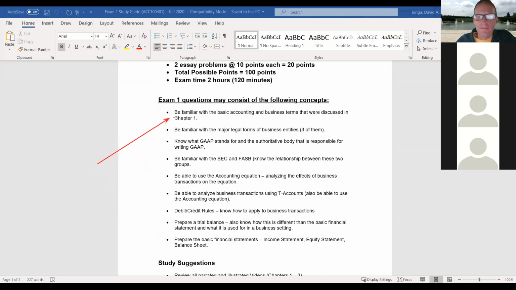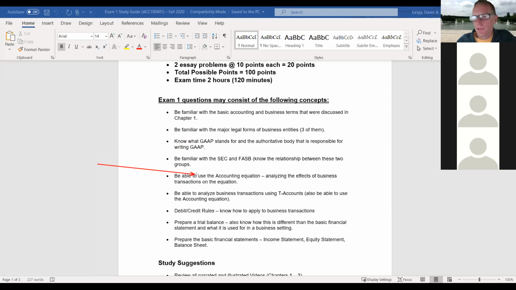I don't know. We talked about the major legal forms of business entities, the proprietorship, partnership, corporation. Again, GAAP, generally accepted accounting principles. Know about the SEC, FASB, all that stuff. I put these things on there because you'll be tested on them. Accounting equation, that was chapter 2.